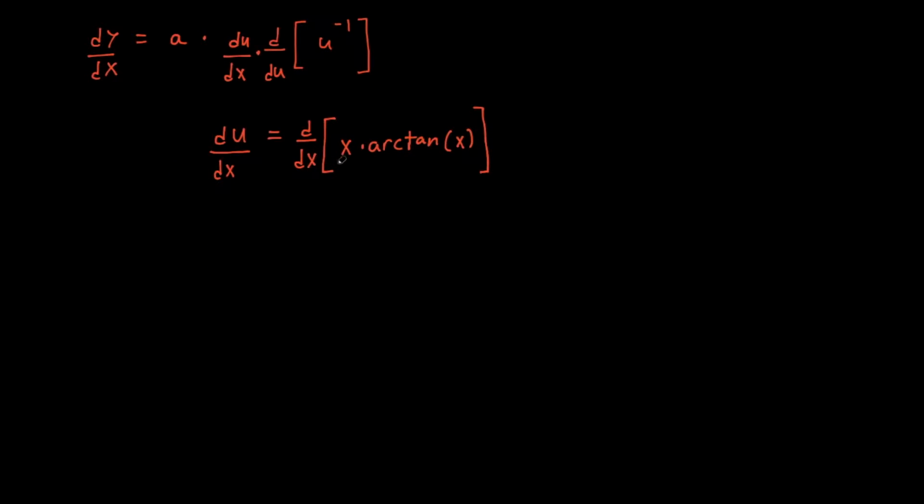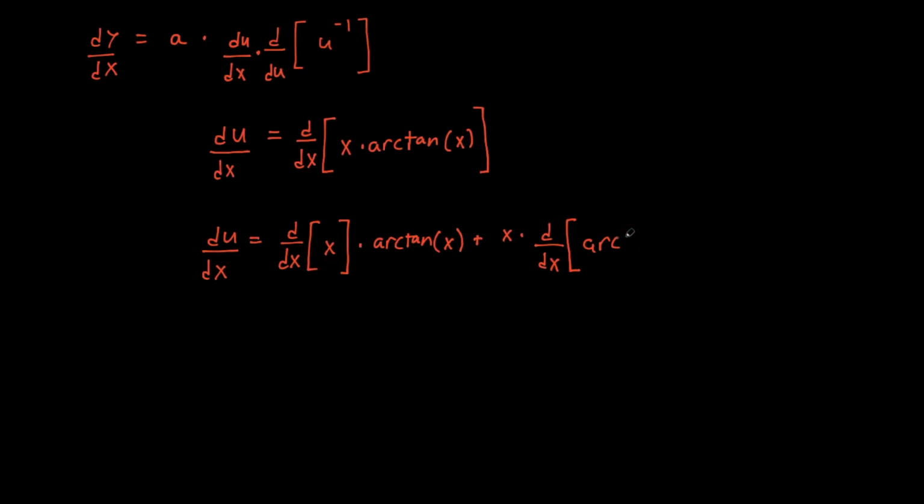Let's use a product rule here to split this up a little bit. So we have du dx equals the derivative with respect to x of x times arctangent of x, plus x times the derivative with respect to x of arctangent of x.